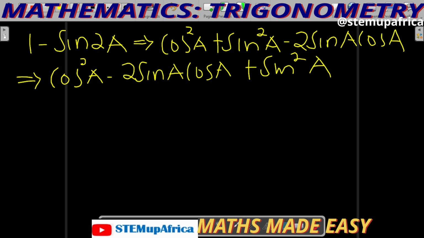The same quadratic factor, what can we multiply to have 1? If we add, we have minus 2. The factor is minus 1 and minus 1.